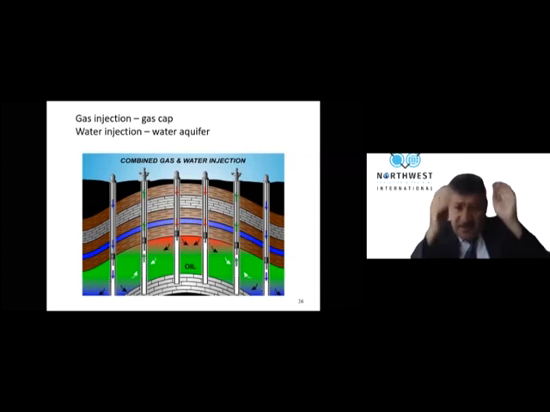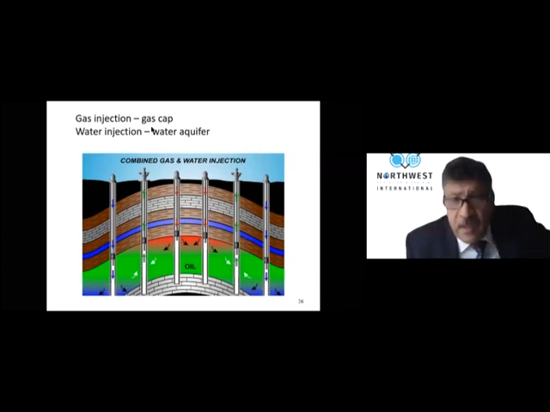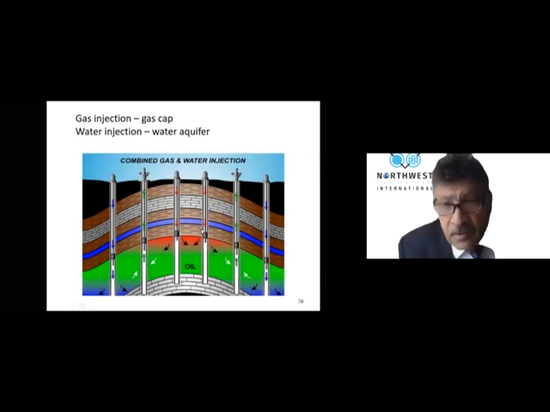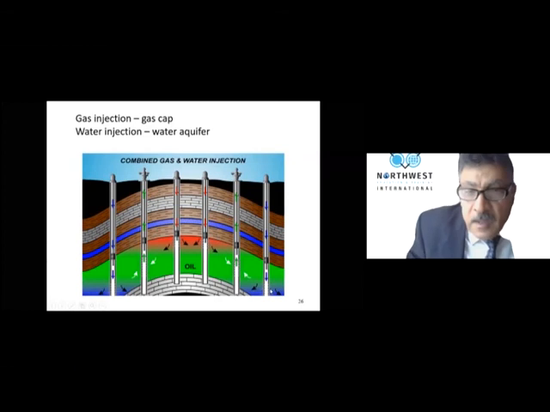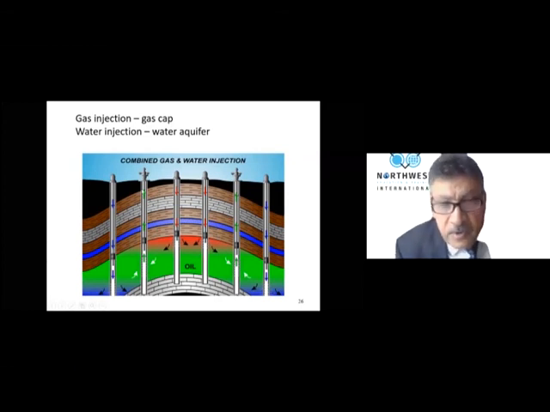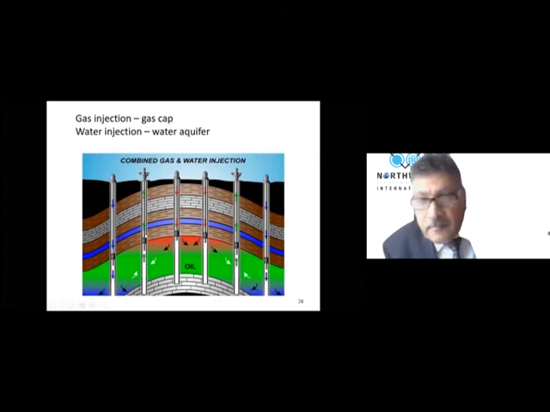We have gas injection, the one in the center, the red arrow, and we have the blue is the water injection, blue arrows. And the green arrows is for the producing well. It's a combination of gas injection and water injection as well.